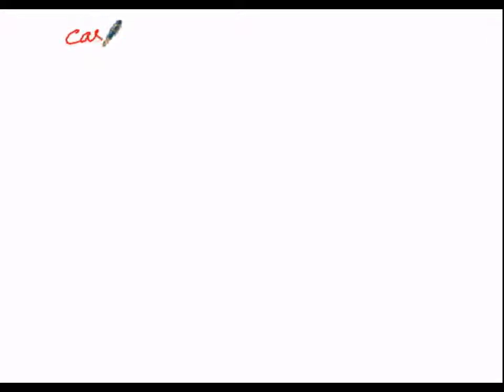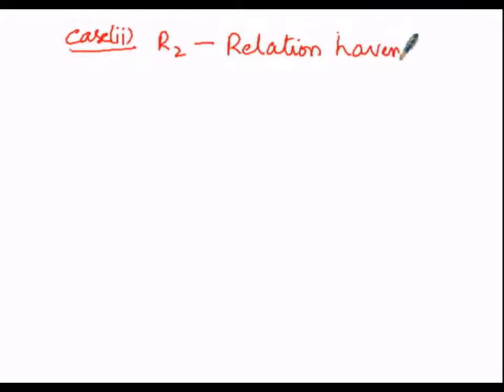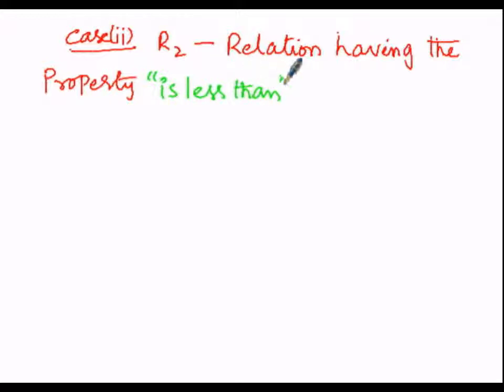In case number 2, the relation is R2, having the property that is less than, so this property holds good for all its elements.